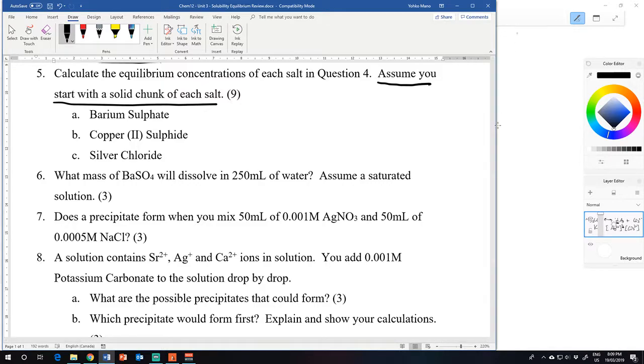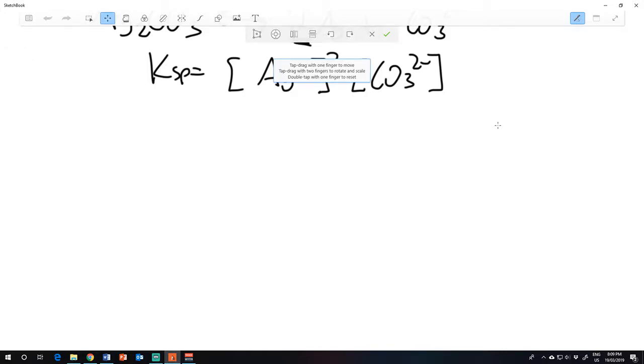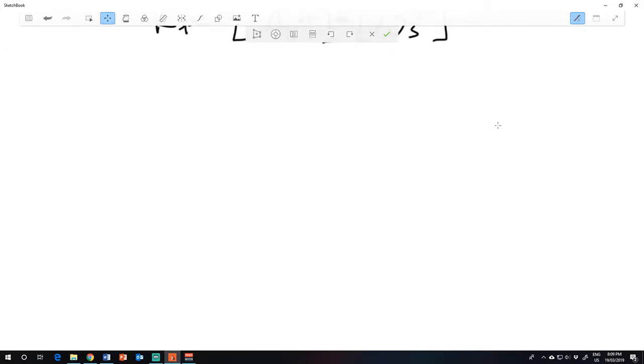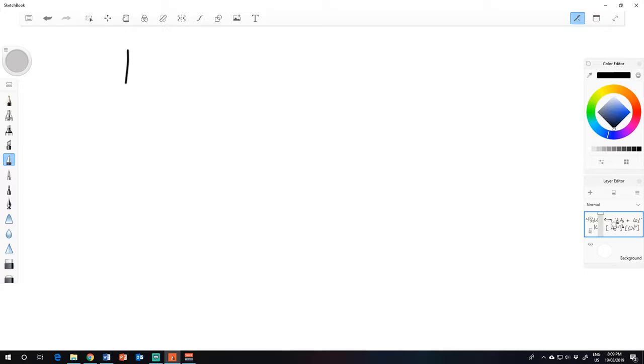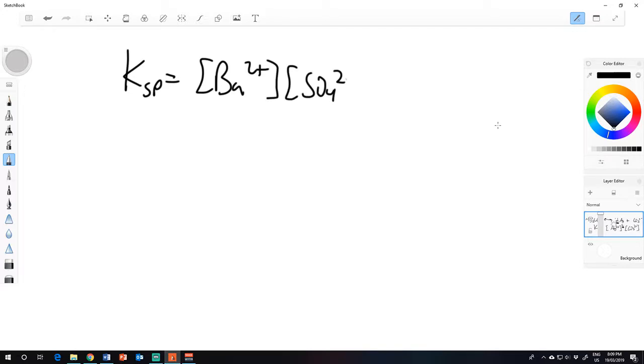All right, so I'll start with the barium sulfate. Barium sulfate has a KSP equation of Ba2+ times SO4 2-. And according to our textbook, the KSP of barium sulfate is 1.1 times 10 to the negative 10.